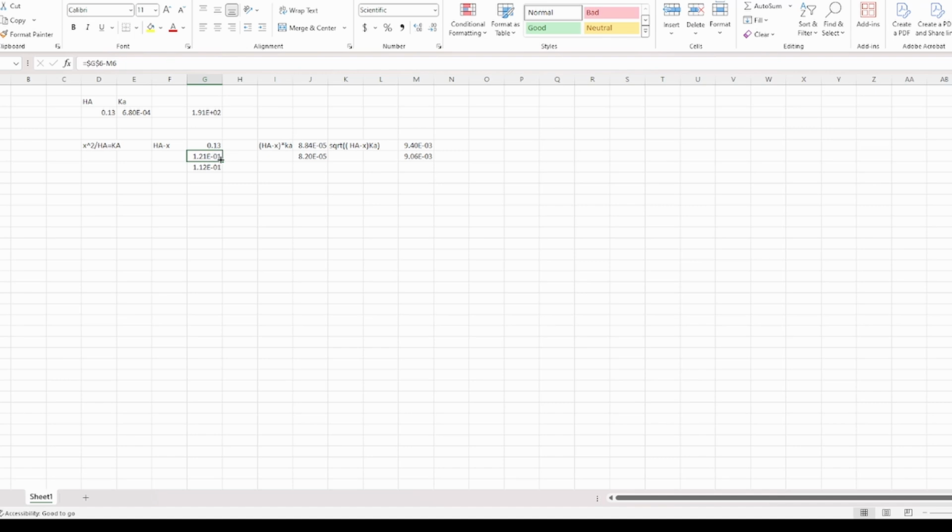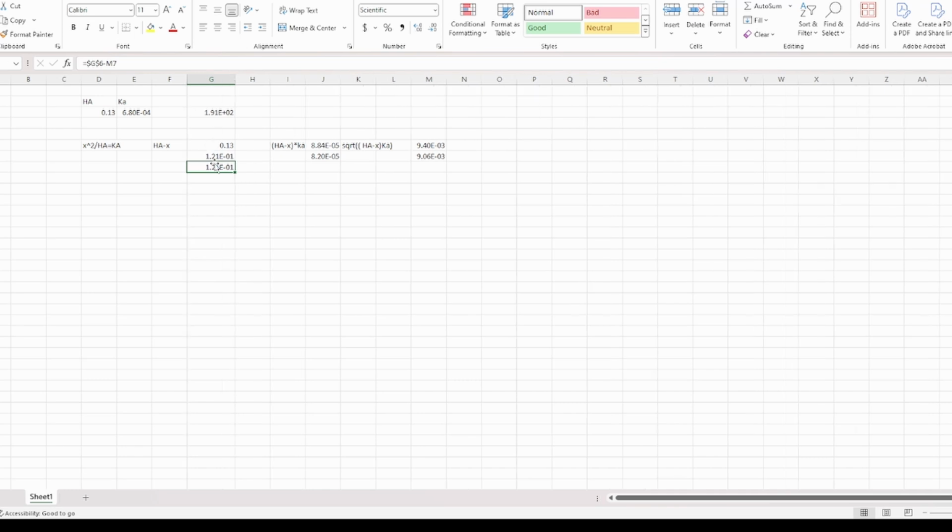With that in mind, when I drag that formula down, now if I take this out to more significant figures, you'll be able to see there is a difference. But right now, you cannot. There's a slight difference here. And if I drag that down, you'll see, okay, this is slightly different.